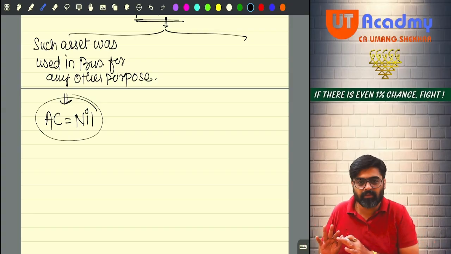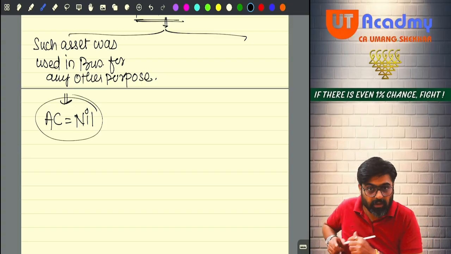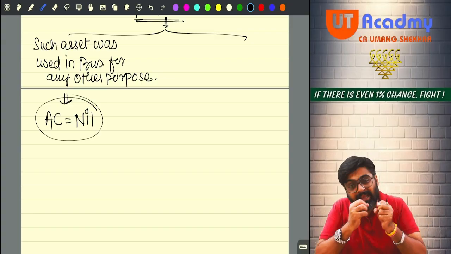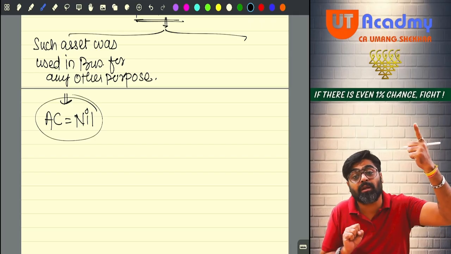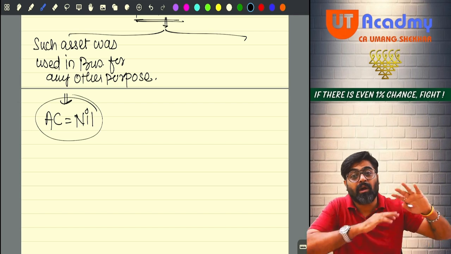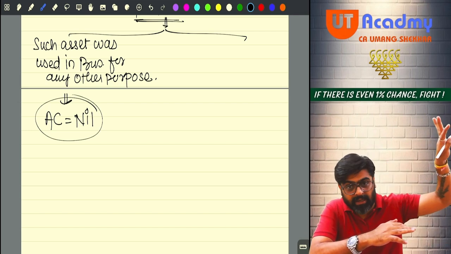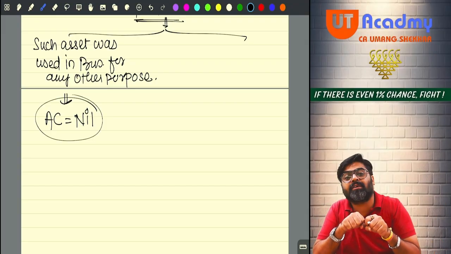In your business, you have not acquired an asset for this purpose. In your business, you are bringing an asset which was earlier acquired by you for your scientific research. You are retiring that asset from scientific research and bringing it into your business.